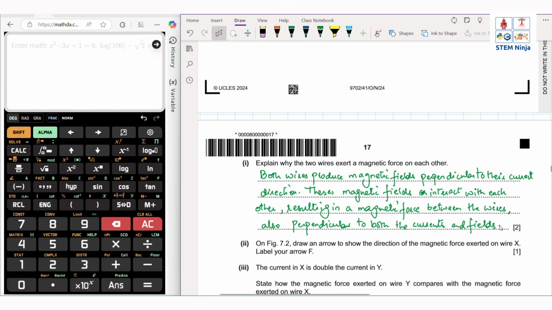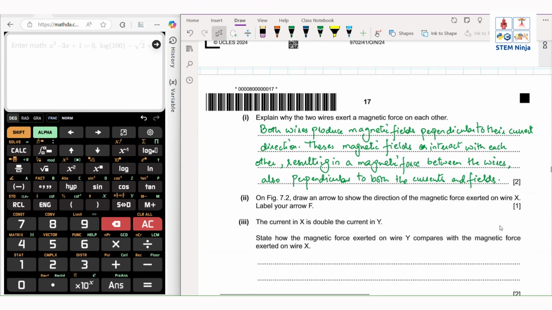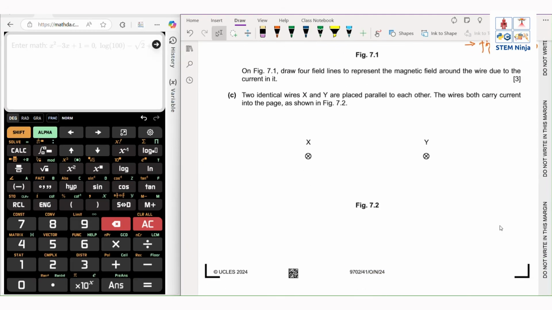All right. On figure 7.2, draw an arrow to show the direction of magnetic force exerted on wire X. One thing you should remember is that when you have the same direction of current, the forces are attractive. Those wires will try to attract each other. When you have opposite direction of current, the forces will be repulsive.